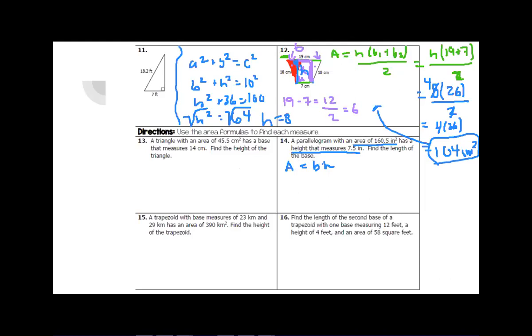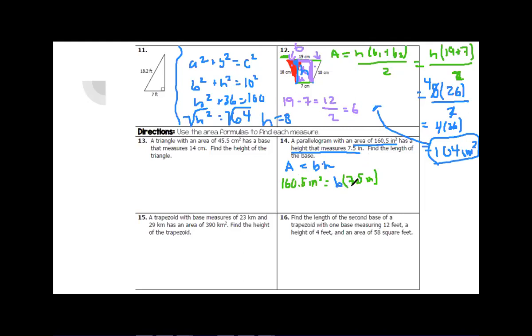Next up, I plug in what I know. I know that the area of this shape is 160.5 inches squared, and I know that the height is 7.5 inches.